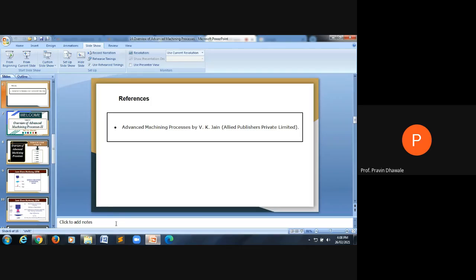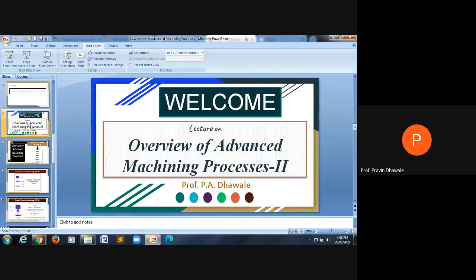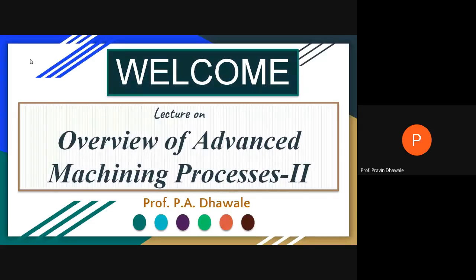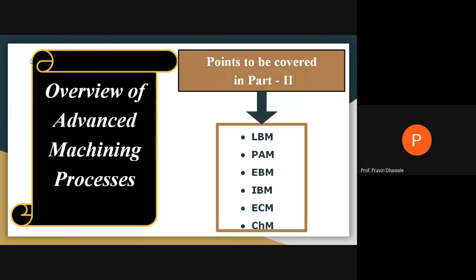Now, the second part, in which we have discussed some of the processes which are based on thermal energy, which are based on chemical energy.